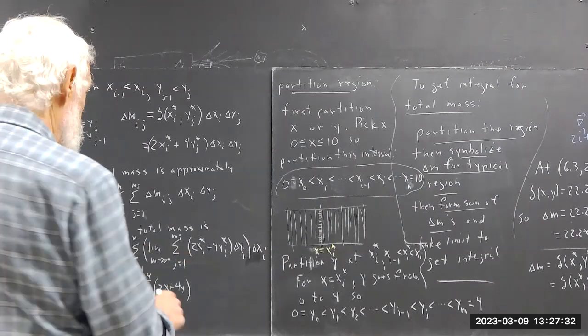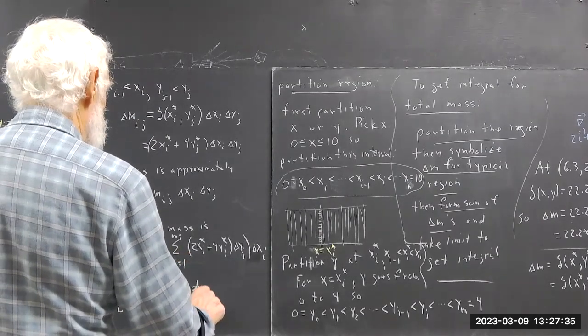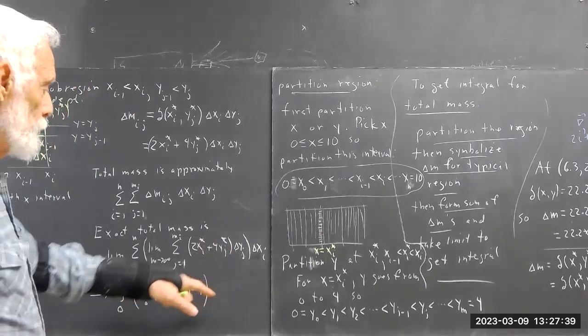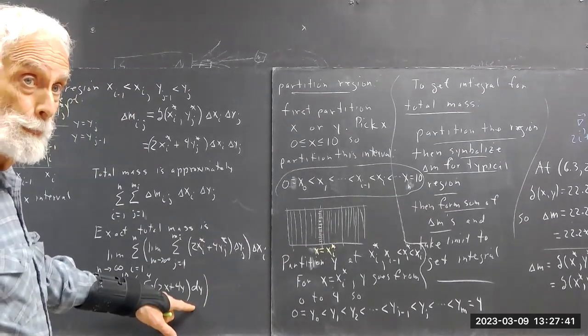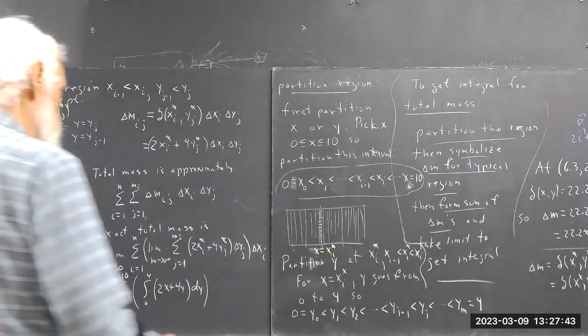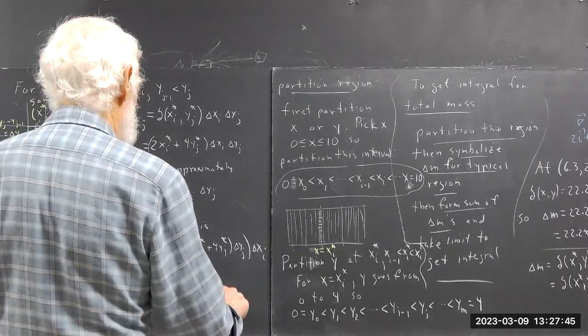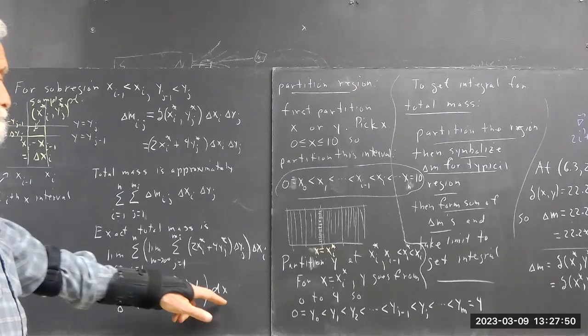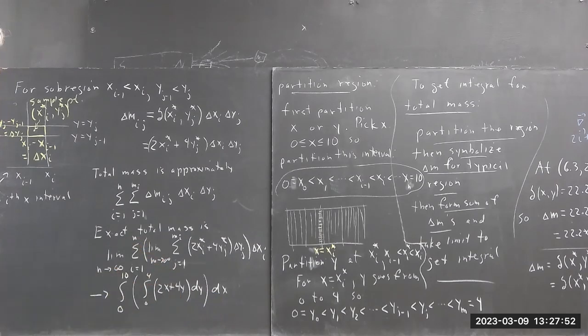Now it corresponds better, because this is Y going from 0 to 4, so our delta Yj will become dy's, and the X intervals from 0 to 10. So, an integral with respect to X.